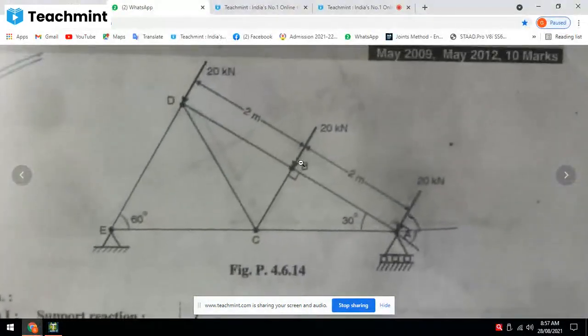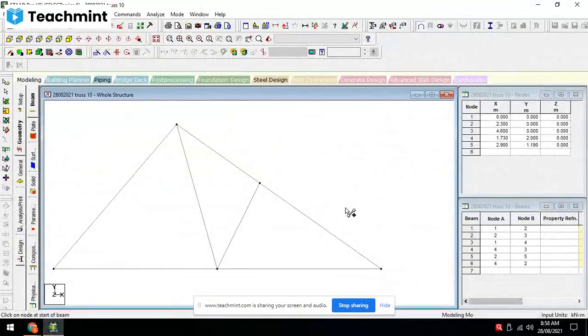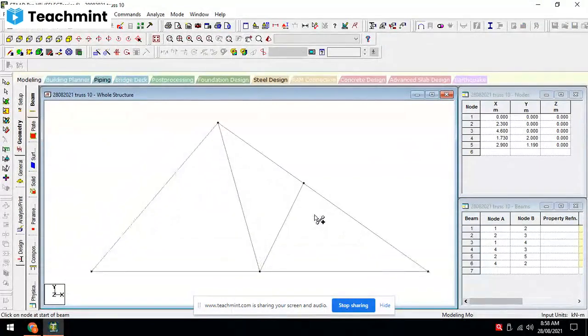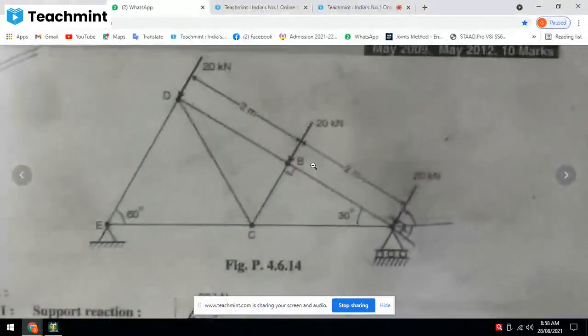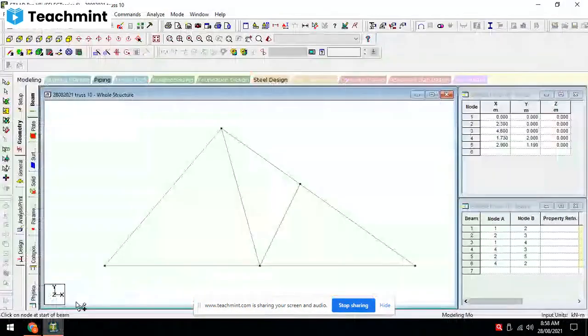Right. So is it okay? First of all, we have to find out the values, because as you know, in AutoCAD also you have to find out the ordinate, then draw the model.